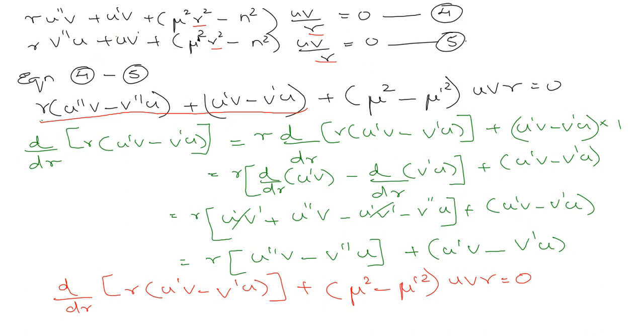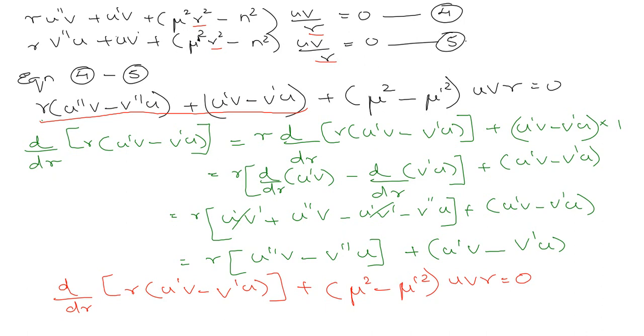u dash v minus v dash u plus n square into uv by r plus n square into uv by r get cancelled, leaving mu square r square uv by r minus mu dash square r square into uv by r.